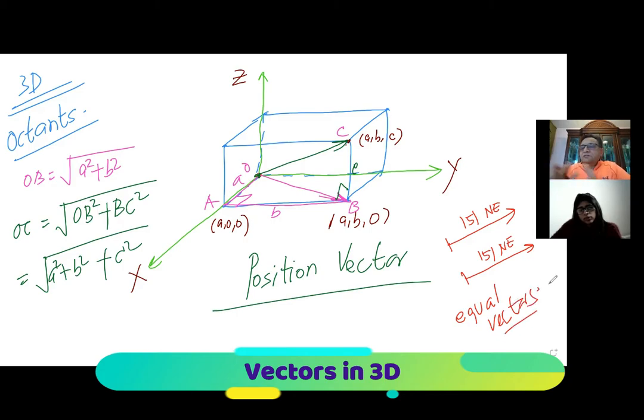Position doesn't matter. If I draw OC here, those vectors OC and OC dash are the same vectors. Their position may be different, it doesn't matter.